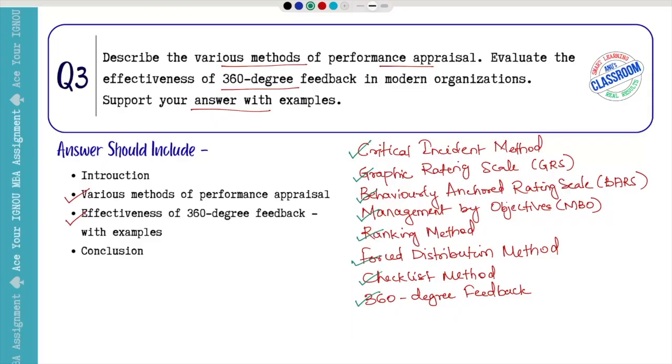It is the responsibility of the organization, and by extension the HR department, to choose the most appropriate method based on their specific needs, their work culture, as well as resources, because effective performance appraisal methods can help in making informed decisions related to the selection of employees, their training, their promotion, wage administration, and many other HR practices. Now, let us look at each of these appraisal methods one by one.